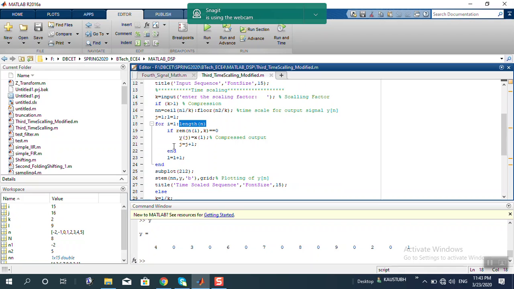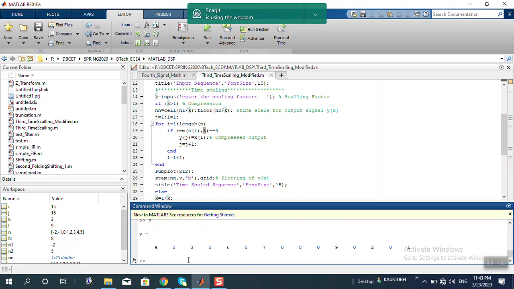Now the value at a time index which is divisible by the scale factor will be considered for the compressed signal. That is why this command rem is used. This rem is nothing but this value divided by this value, and the remainder will be returned. For example, rem of 5, 2, that means 5 divided by 2, the remainder is 1, so it will return 1.